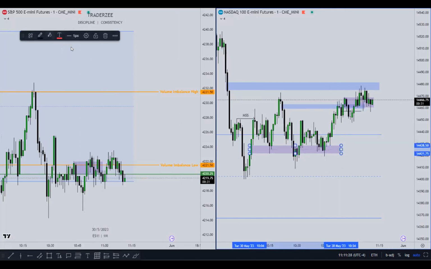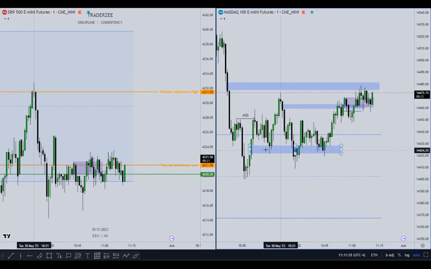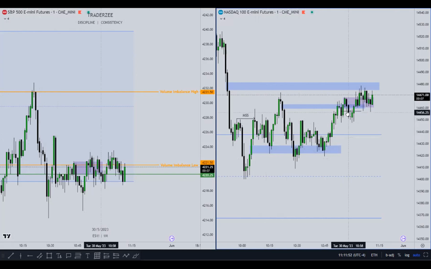We have this February gap. Yes, we have a good 2022 model right here, even though it moved here. Be honest, if it moved higher and went back lower, your stop would have been here. You would have trailed your stop loss. I would have trailed my stop loss even above more than that. If I was in the trade, I would have moved my stop loss up till here, and it would have stopped me out.